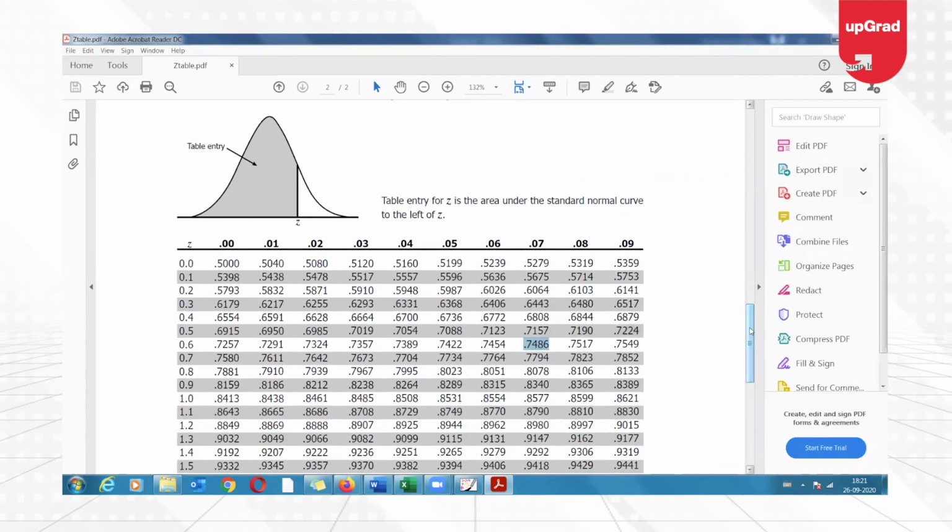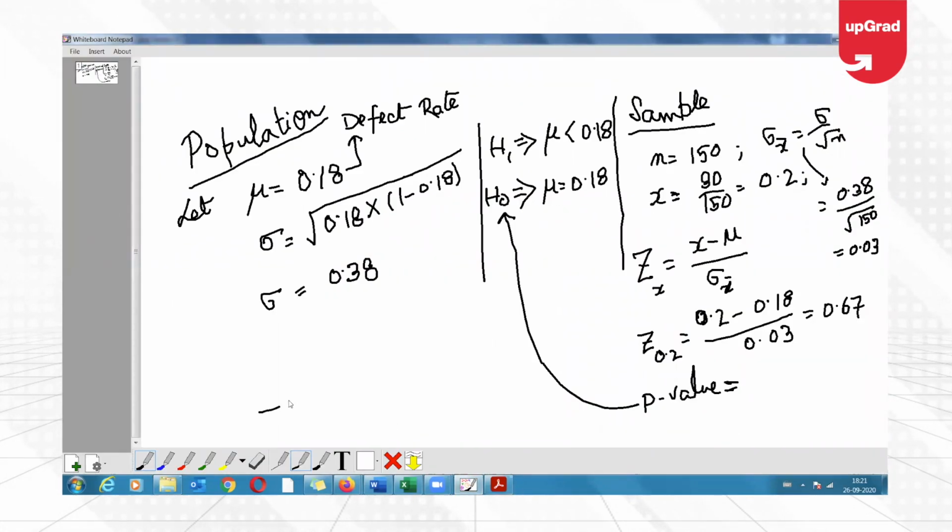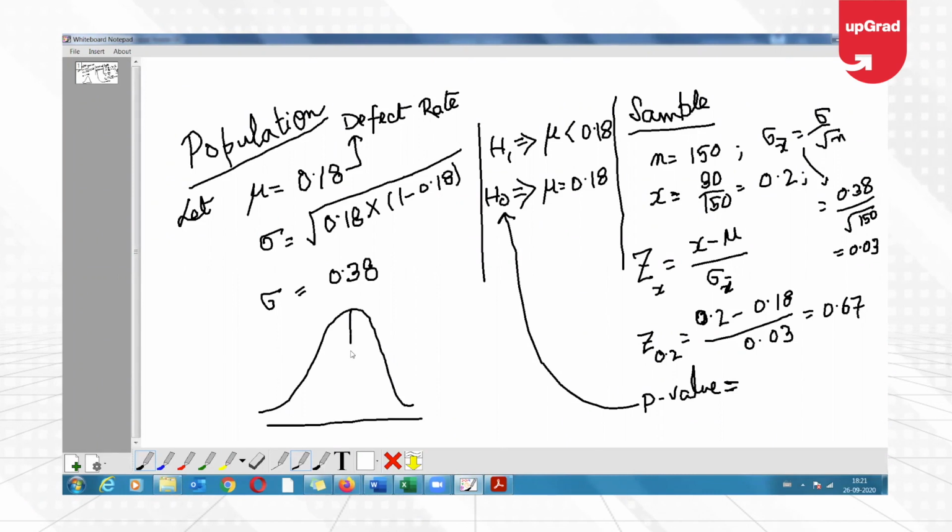So 0.67 is 0.7486. Okay. So if this is my distribution, this is 0.18. This is 0.2. So my rejection region is here.